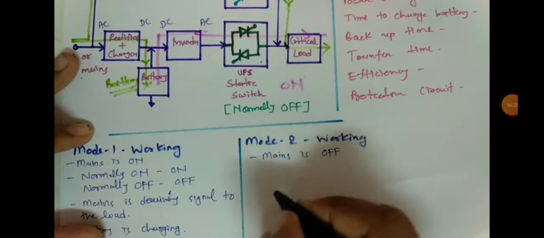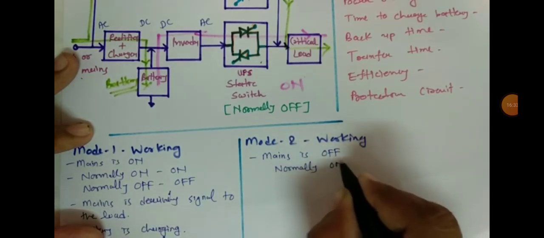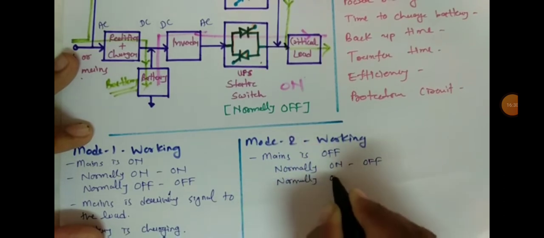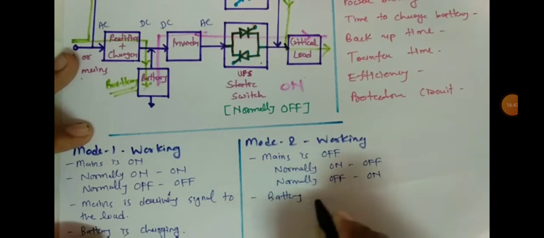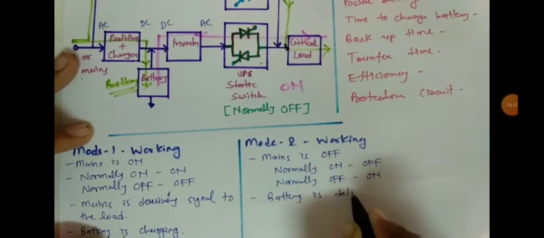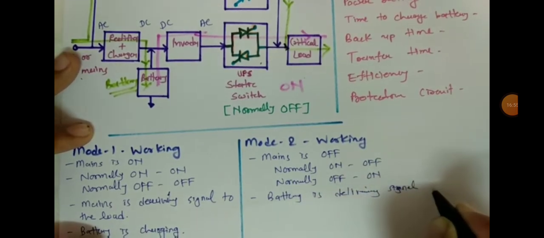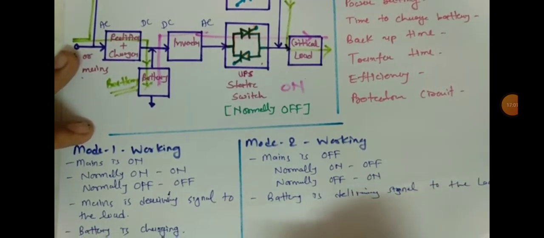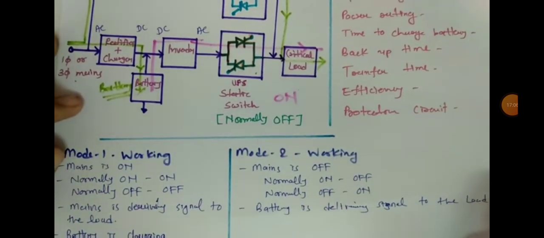first of all there will be a switching of normally on is getting translated into off, and normally off is translated into on, and the battery is delivering signal to the load.